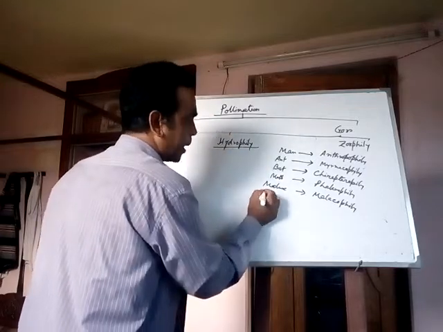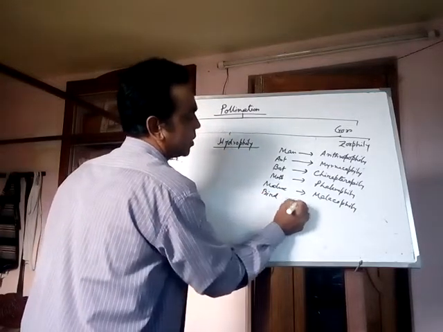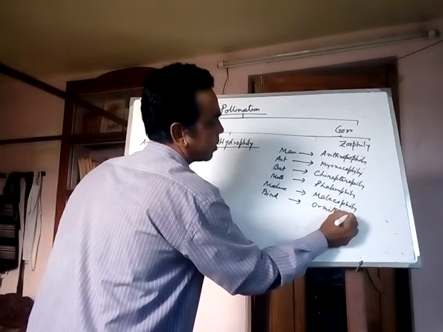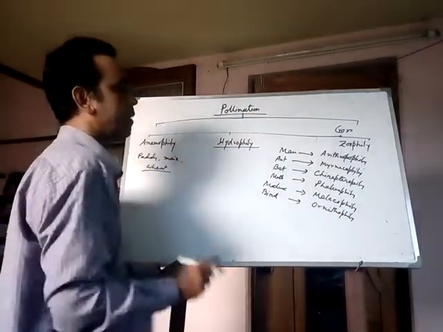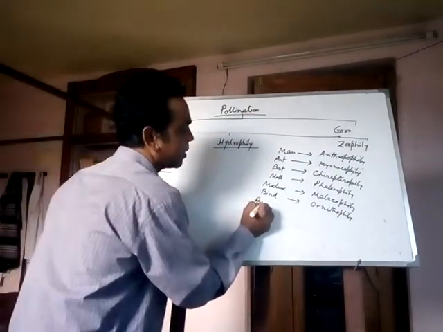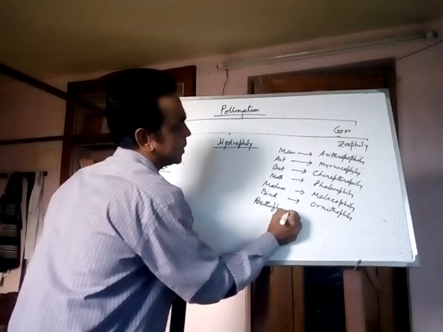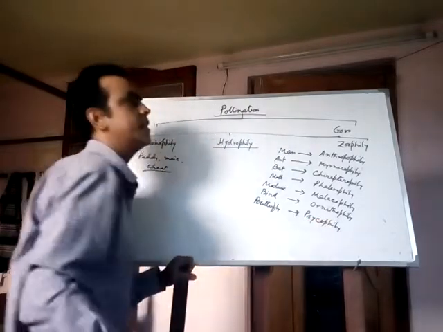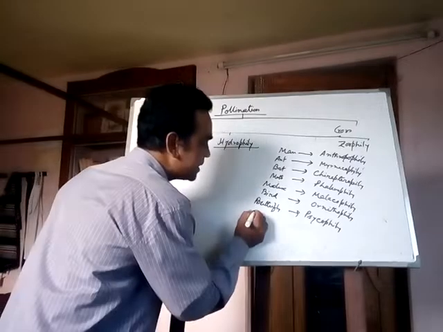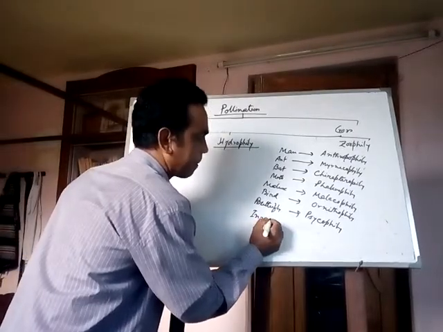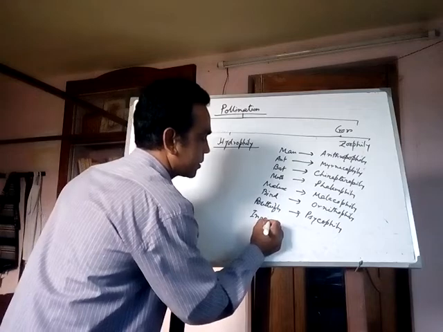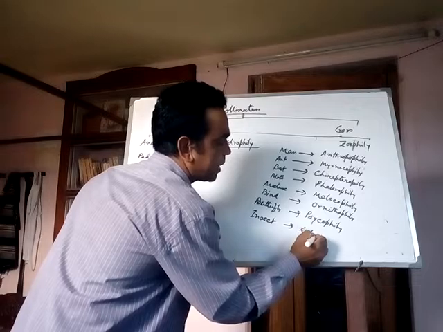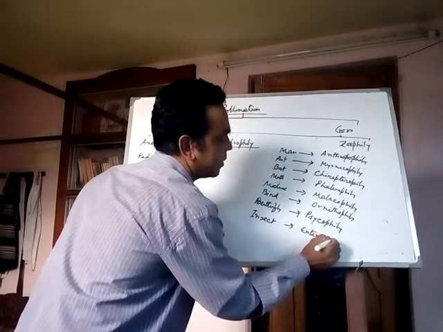When it is bird, it is ornithophily. When it is butterfly, it is psychophily, etc. And when it is insect, it is called entomophily.